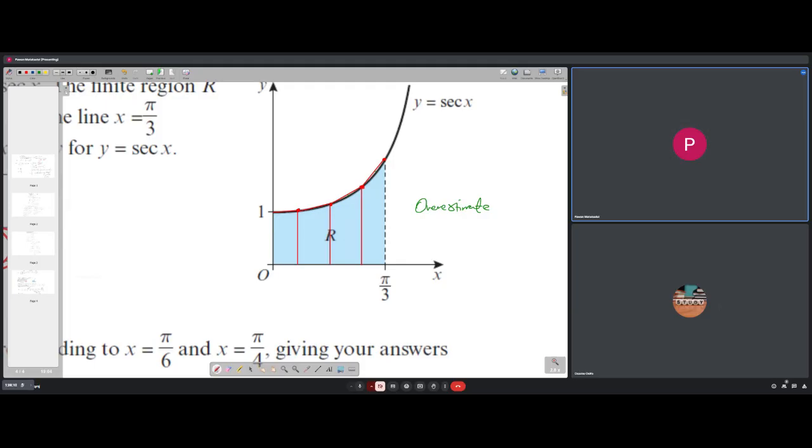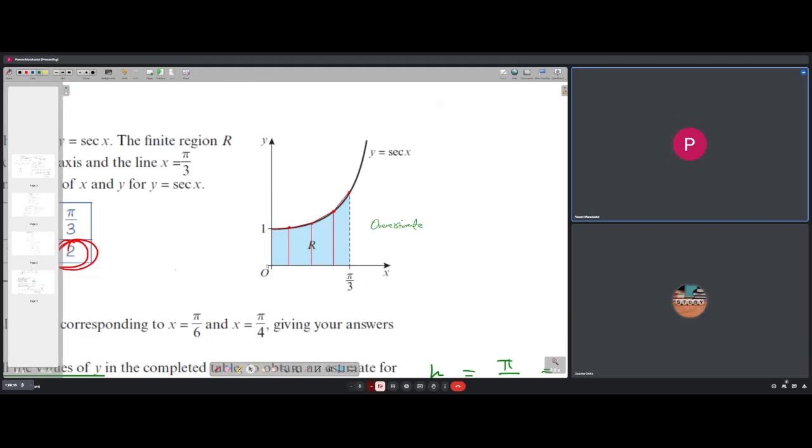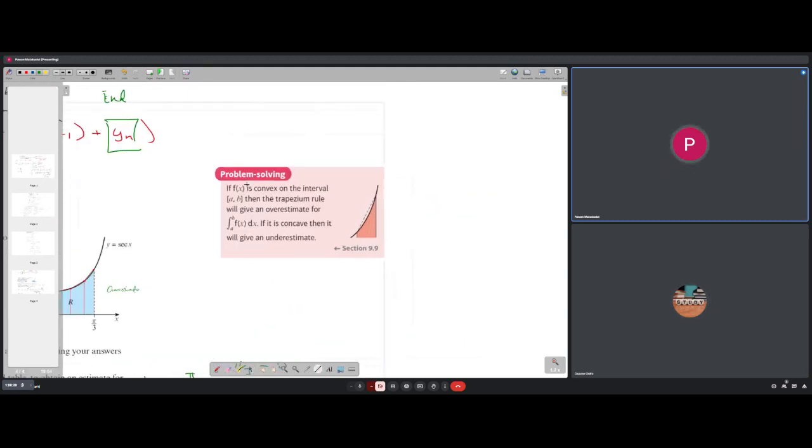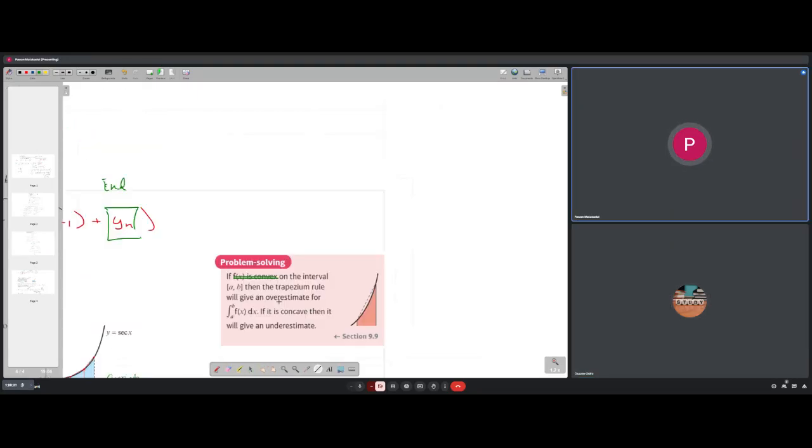I think they have this thing here. So it says, if f of x is convex, don't listen to this. Just don't worry about this. On the interval, basically the whole point here is when you think about a curve. If I was to give you two separate curves, this curve, and then this curve.